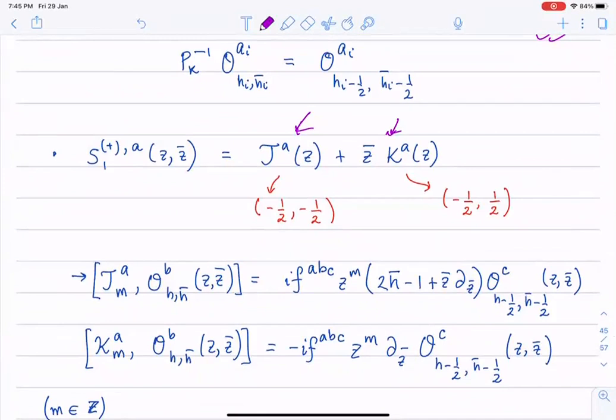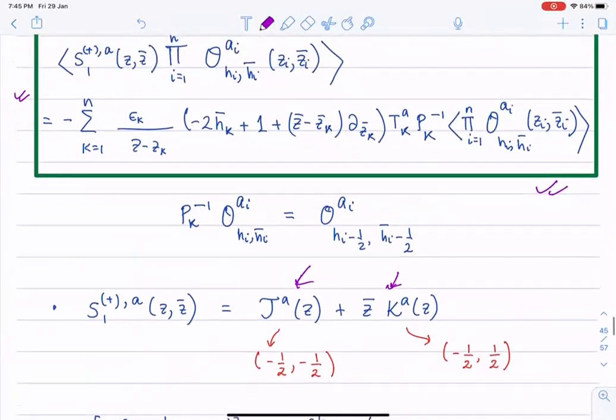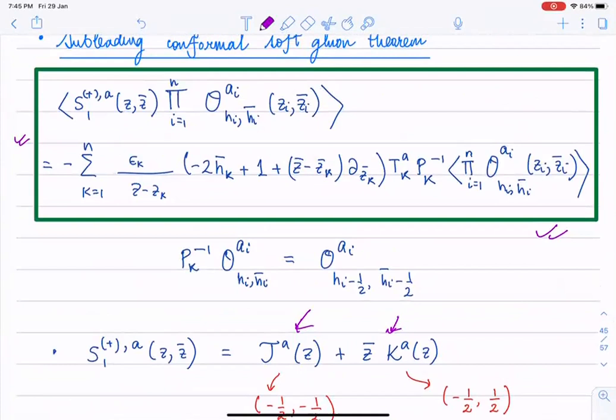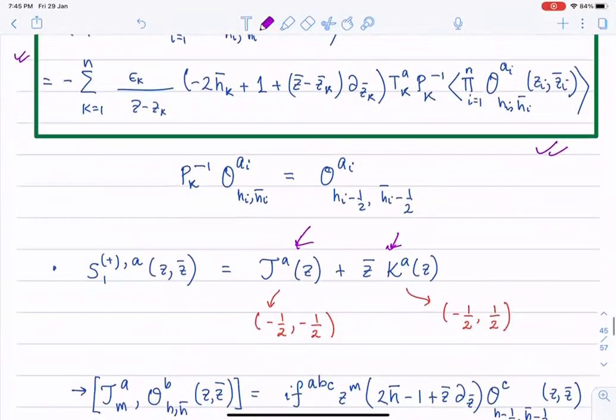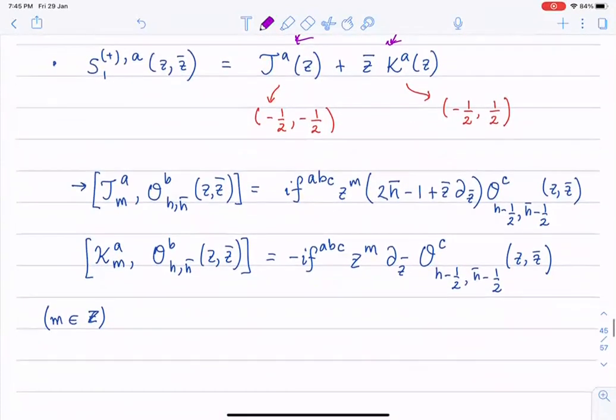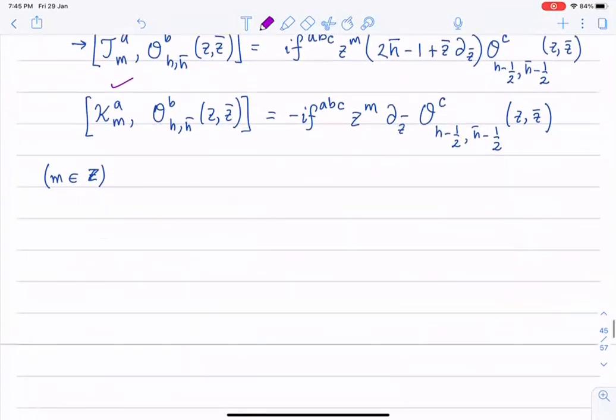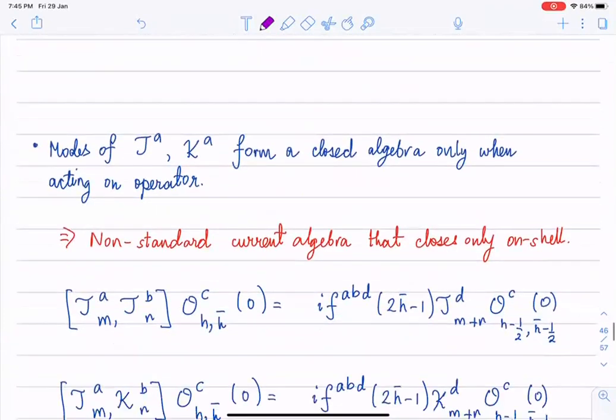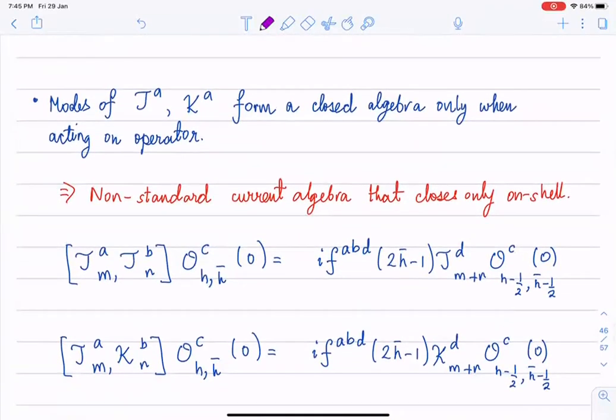However, there is an interesting point about this subleading conformal soft gluon theorem, which is that if you take these currents, JA and KA, and consider their modes, given by, let's say, JAM and KAM, where M is some integer, and you compute the commutators of these, then you will see that these commutators don't actually close.